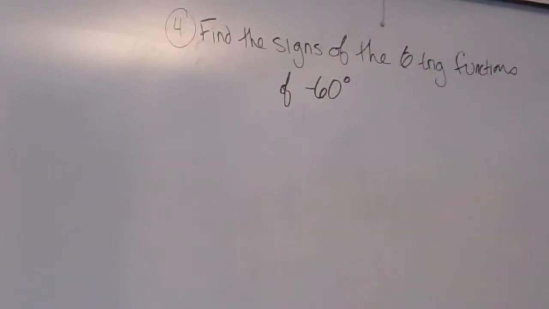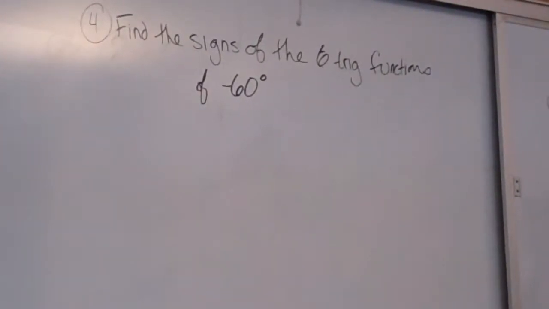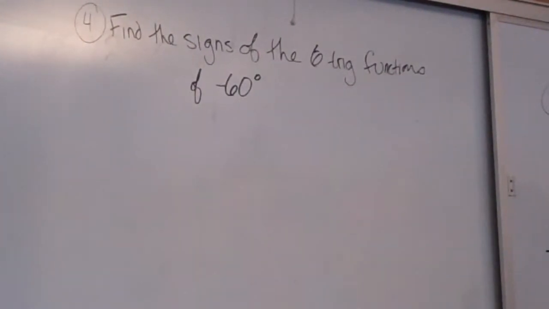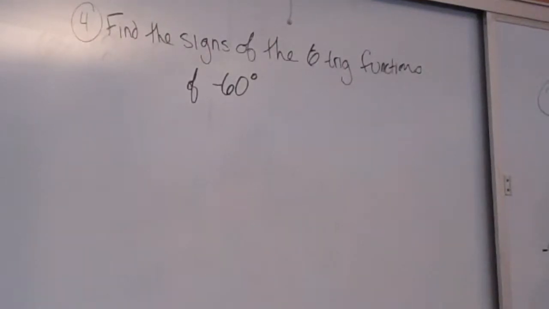Where the functions are positive and where they're negative. So if I want to know what the signs are for sine, cosine, tangent, cosecant, secant, and cotangent of negative 60, I just need to know what quadrant it's in. So if I'm talking about negative 60, what quadrant will it be in?